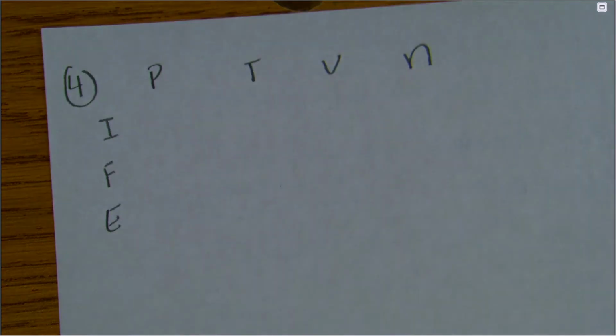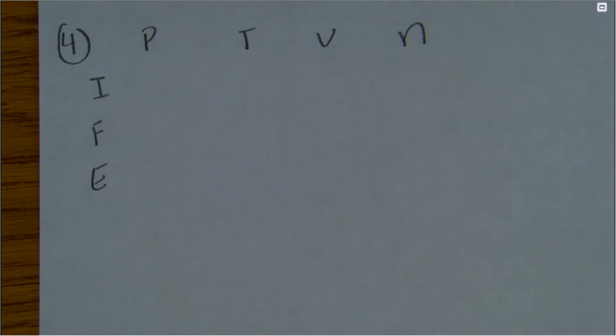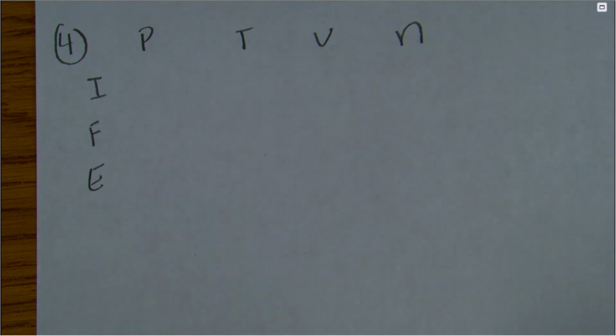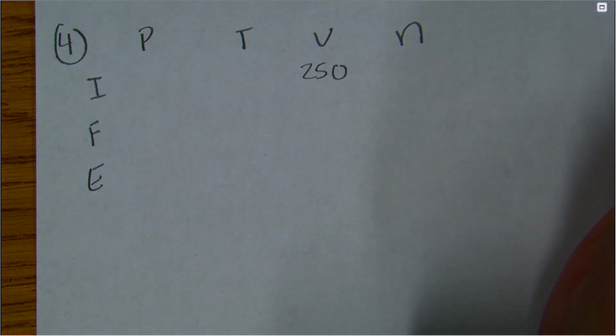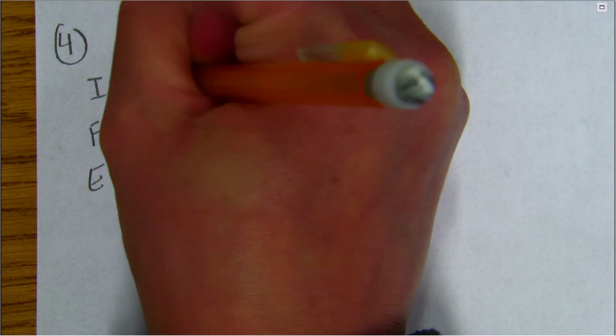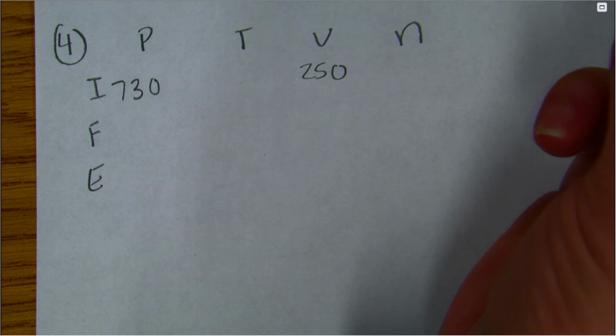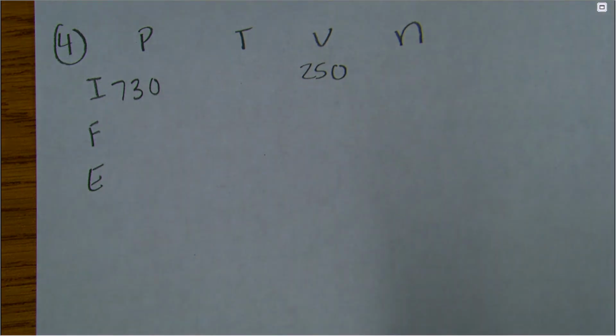So when I look at number 4, I want to know the new volume if 250 centimeters cubed of gas at 25 degrees Celsius and 730 millimeters of pressure. Now, I'm going to stop right here for a minute.